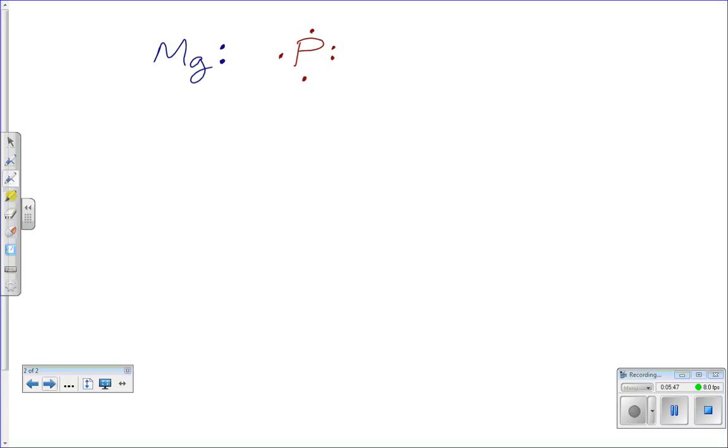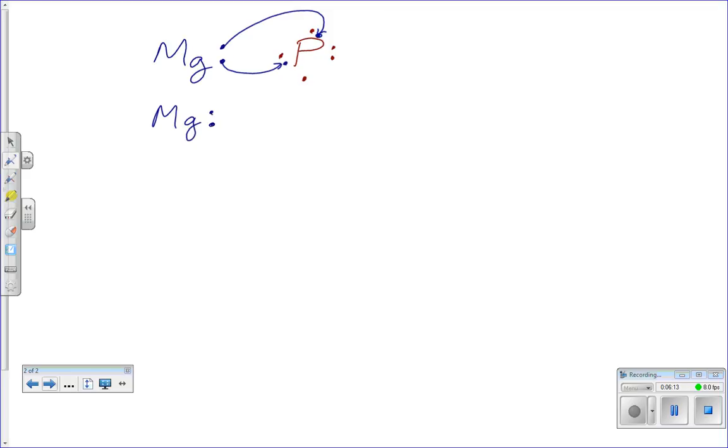There we go. So, again, electrons will transfer from the magnesium to the phosphorus. This one will go here, and this one will go here. And, well, that's all the electrons that magnesium wants to lose, but that phosphorus isn't full yet. So what do we got to do? We got to get another magnesium.